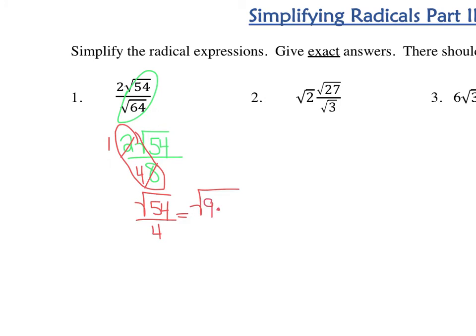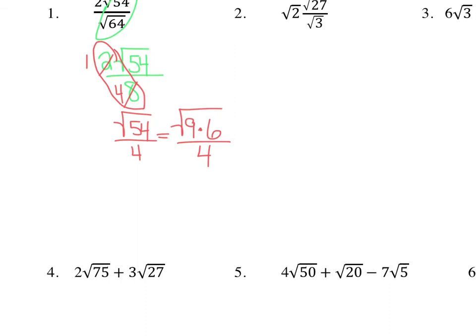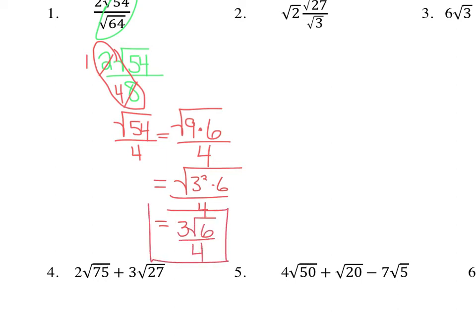It's 9 times 6, and then I just bring along the 4. The square root of 9 is 3, or 3 squared times 6. I'm trying to write this in different ways for you so you get used to whichever way you prefer. If I square root the 3 squared, a 3 escapes. It's 3 root 6 over 4. This is my final answer.